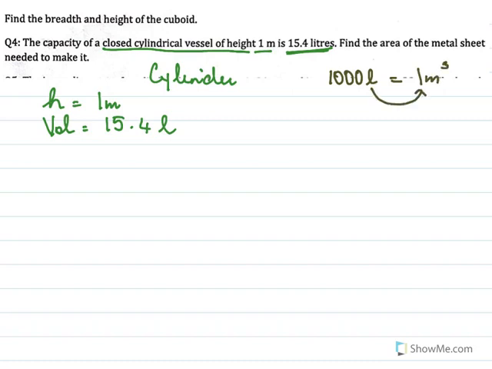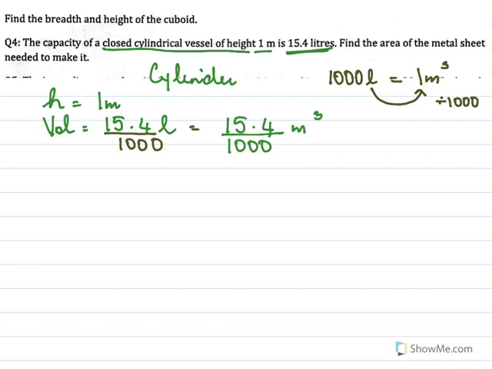So from liter, if you want to make meter cube, we get a smaller number. 1000 becomes 1. So we need to divide by 1000. So we are going to divide this by 1000 to give us meter cube. So 15.4 over 1000 meter cube.